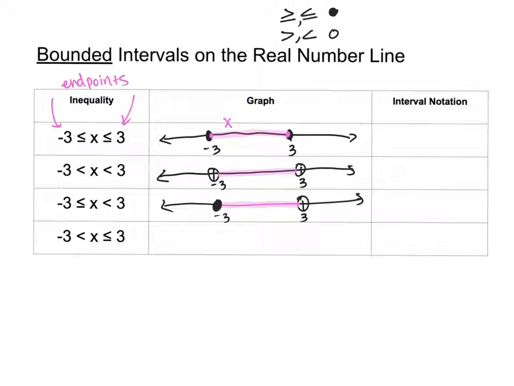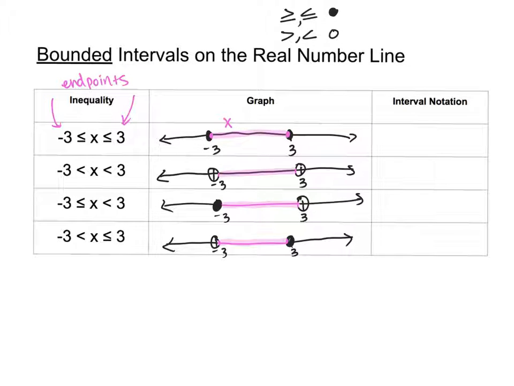Okay, and then we got our next line here where it's just the opposite, the -3 and the 3, but the +3 gets the closed circle and the -3 gets the open circle. And then we're going to highlight in the middle because that's where x is located. All right, done with the graphing.